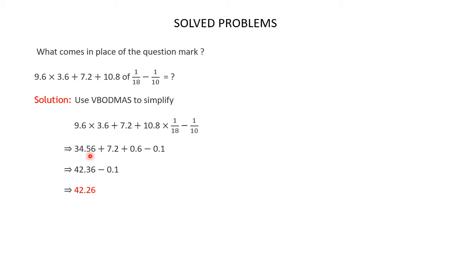So 34.56 plus 7.2 plus 0.6 is 42.36. Now you get 42.36 minus 0.1. When you subtract 0.1 from 42.36, you'll get the value 42.26. So when you simplify this expression, you'll get the answer as 42.26.